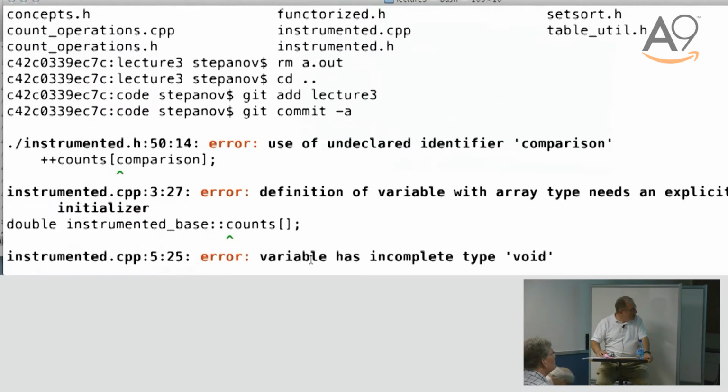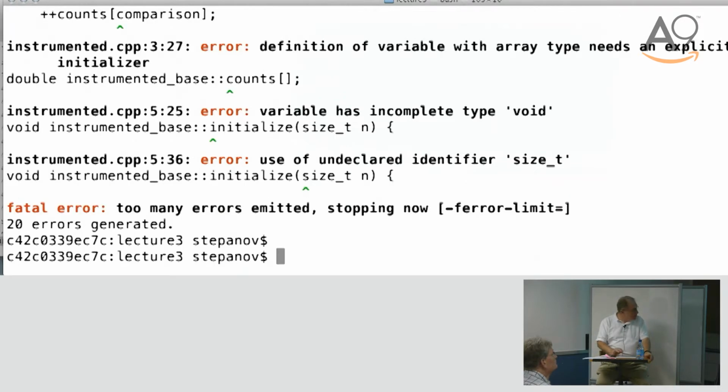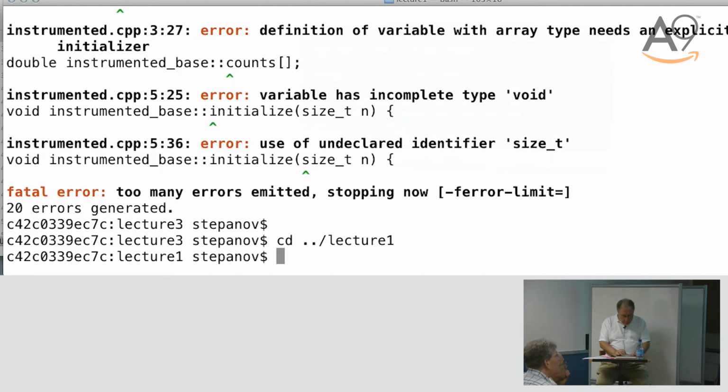No. I couldn't. Look. You don't have it in your CPP, right?